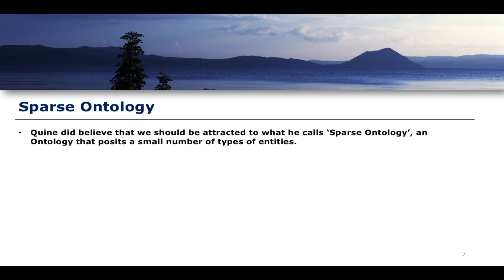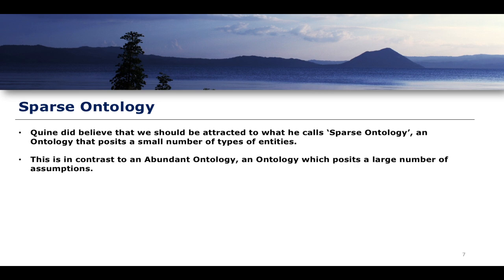Quine believed that we should be attracted to what he calls sparse ontology, a type of ontology that posits a small number of types of entities and doesn't make too many bold statements or wild ideas relating to my commitments to the different things we want to believe in. He believed that we should be limiting, insofar as possible, our commitments.